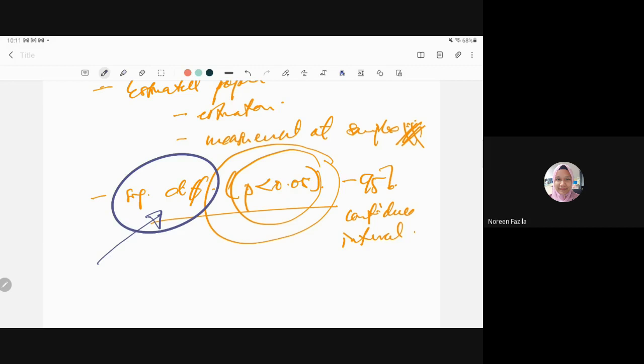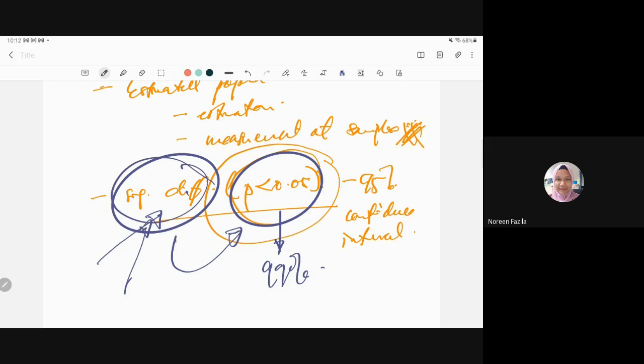This claim has to be followed by the syarat, the condition, that it is at a 95% confidence interval. If we were to change to a 99% confidence interval, will the significant difference still apply? May or may not. So this claim, significant difference, means nothing without this syarat.